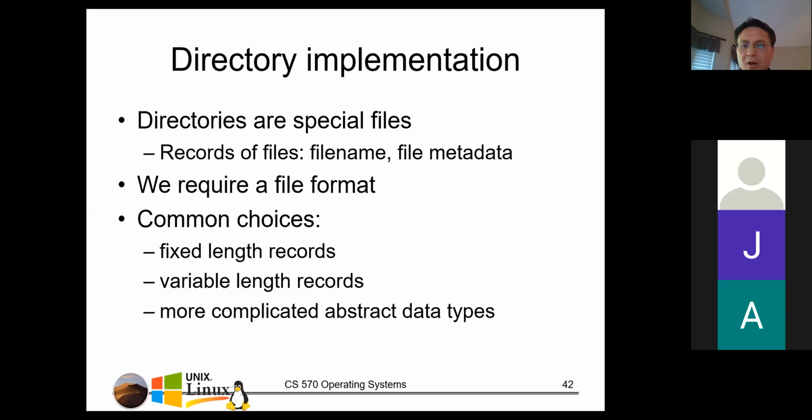But what's different or special about a directory then? Well, a directory contains records of files and subdirectories, right? So that's very much understandable. These records of files are what we call the directory entry. So you have a collection, a data structure there that would hold the records of all the files and the subdirectories under that directory.